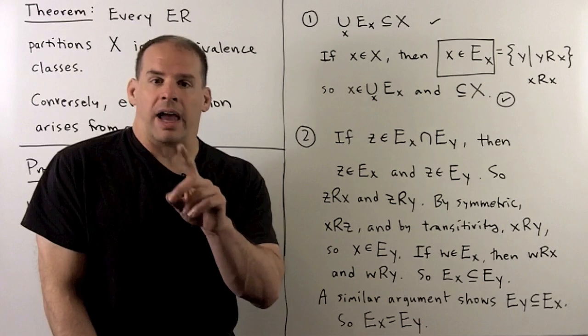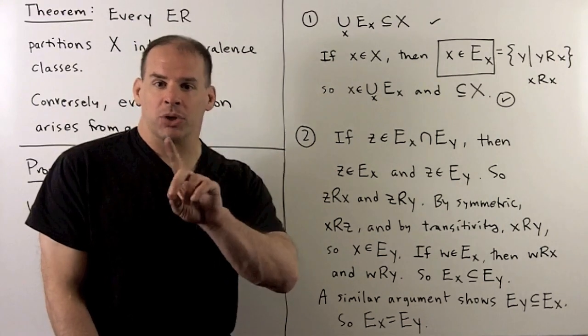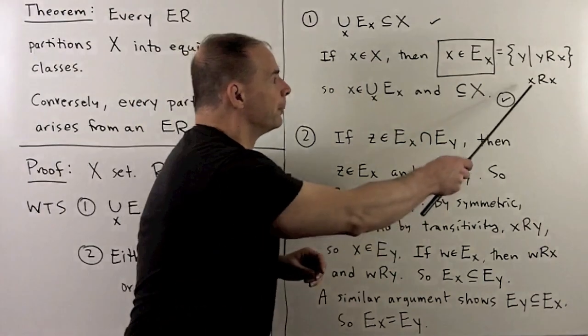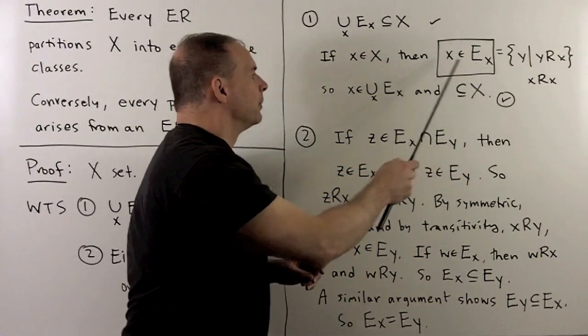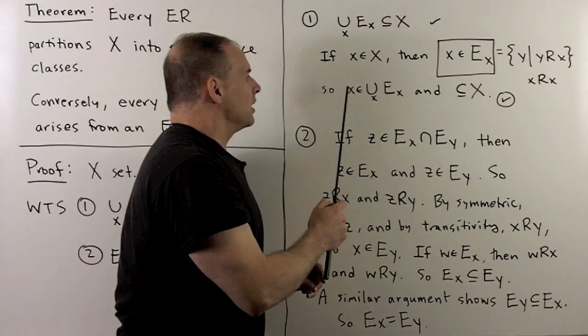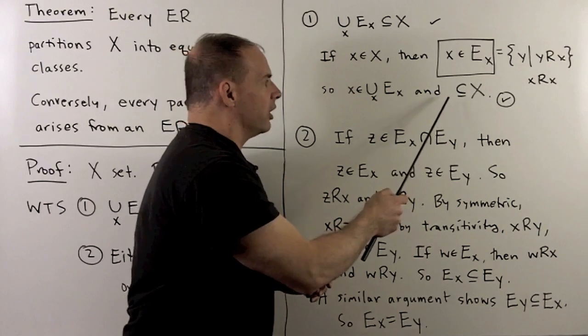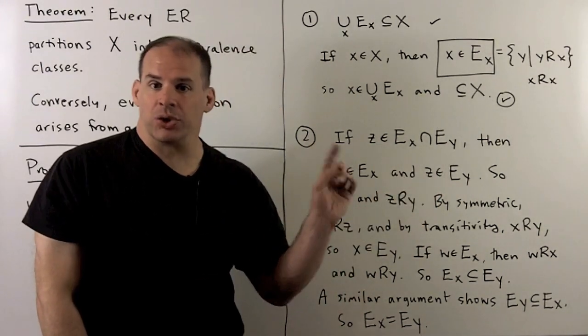Now, the element x is always in the equivalence class for itself because we have the reflexive property. So x is going to be in its class, so it's going to be in the union of all the classes. That means little x is going to be an element in our set X. So we have our mutual inclusion and these sets are equal.